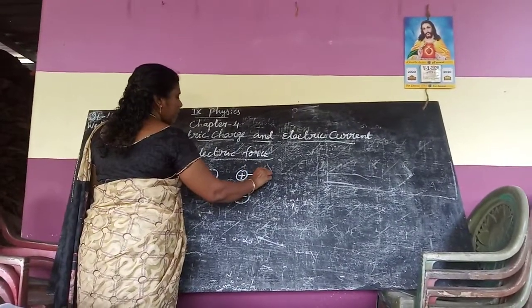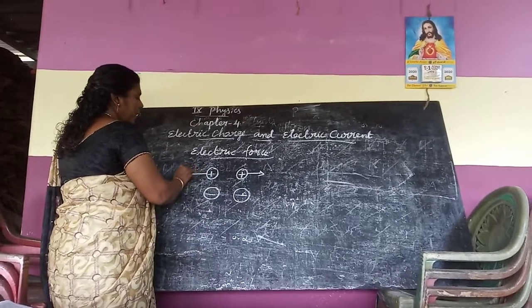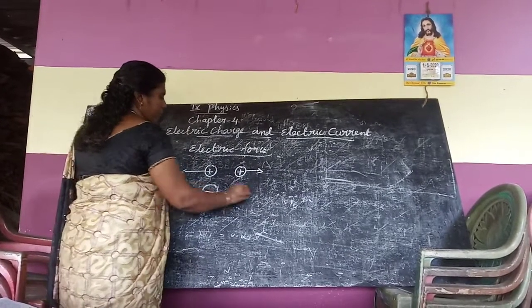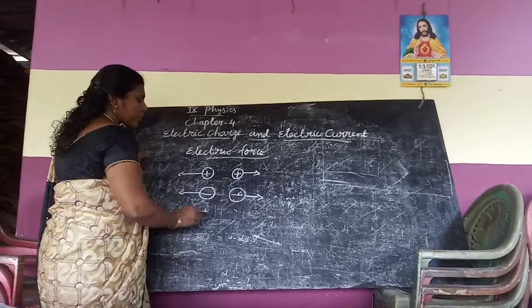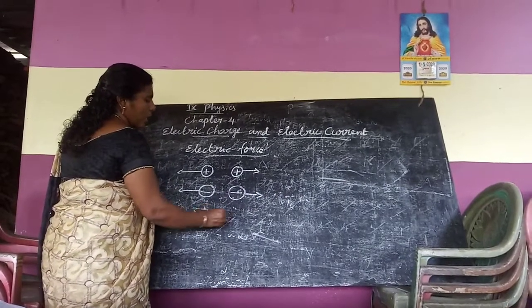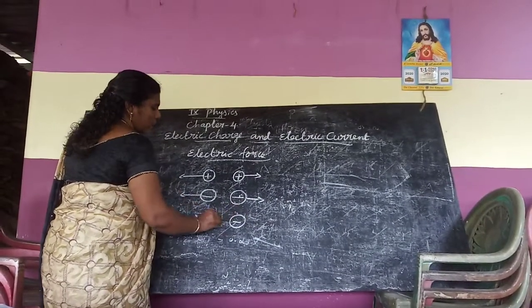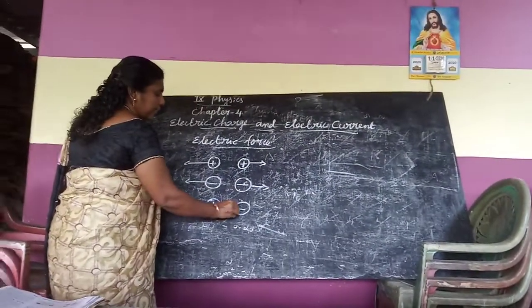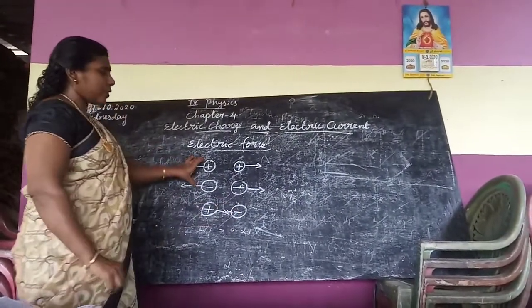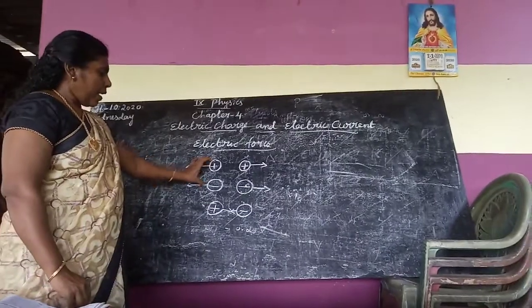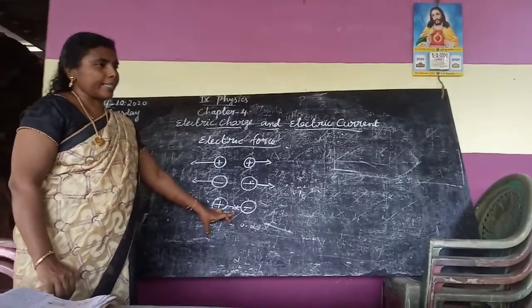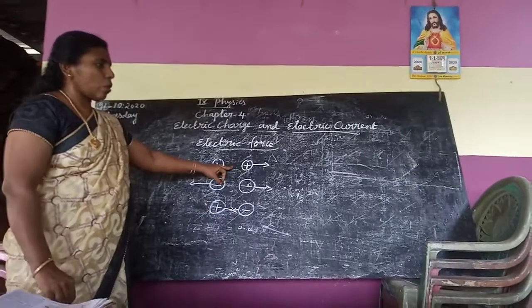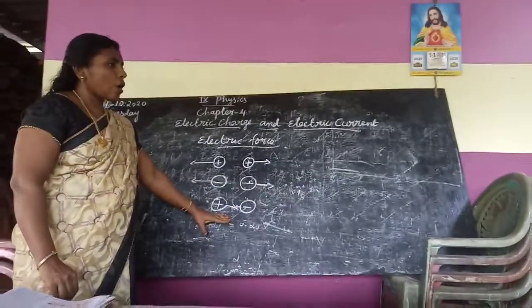Like charges repel each other. Unlike charges means a positive charge and a negative charge. Here they attract each other. So like charges repel, unlike charges attract.